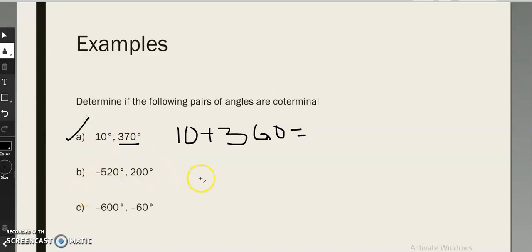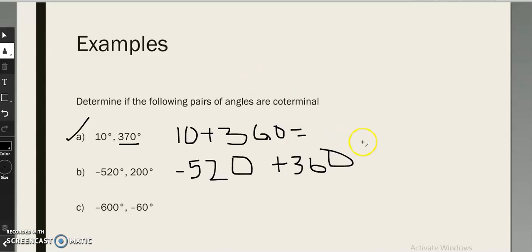All right, let's look at the next one, negative 520. Knowing what I know about adding and subtracting integers, I'm probably going to add 360 to this and see what value I get. So let's add 360. I get negative 160, which is not 200, and it's not even positive yet.